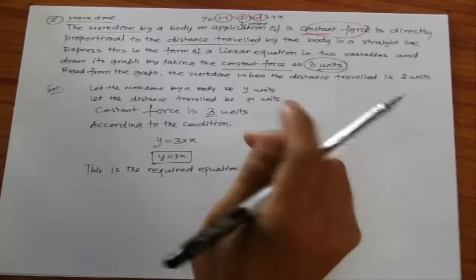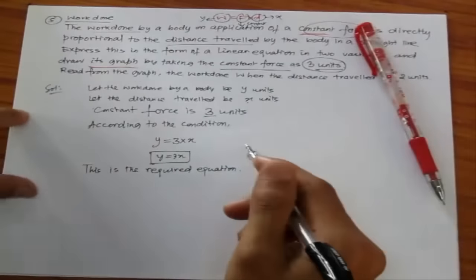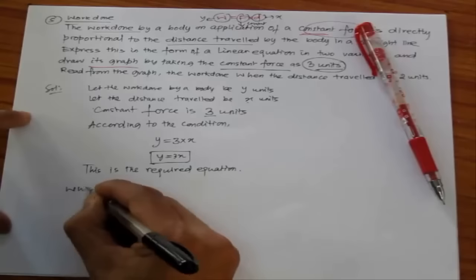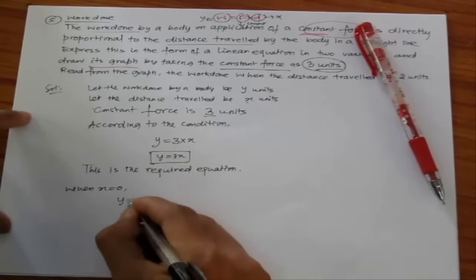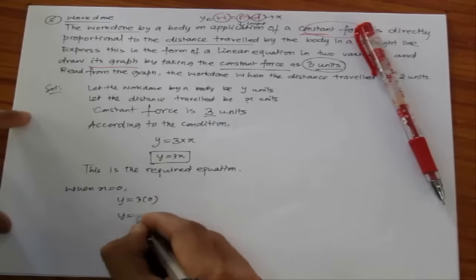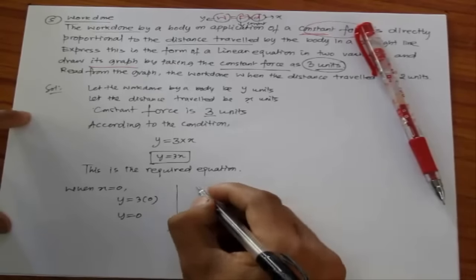Next, we have to draw its graph. In order to draw a graph, we have to find two solutions. Now the procedure is the same. When x equals 0, y becomes 3 into 0, so y becomes 0. One solution. Two solutions are sufficient.